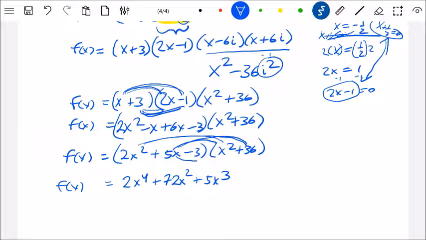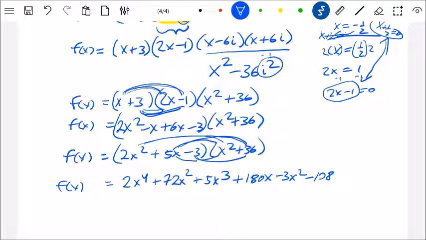And then we'll go to here, plus 180x. Wow, okay, there's a bunch of them there. Actually, now let's write that a little bit better. 180x, and now here, minus 3x squared, minus 108, 90 and 18.